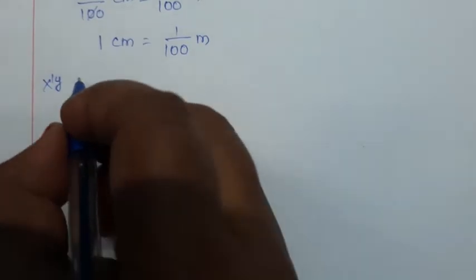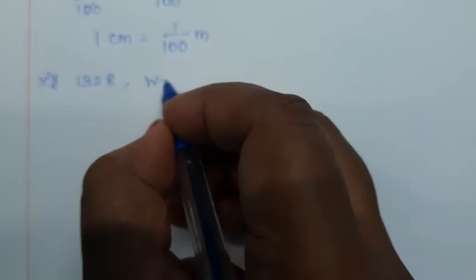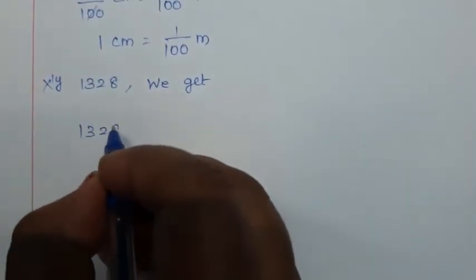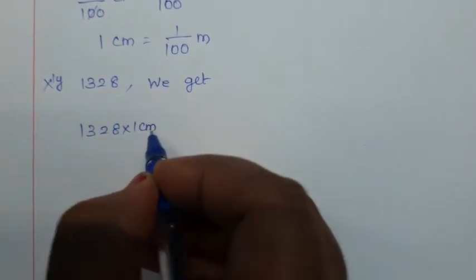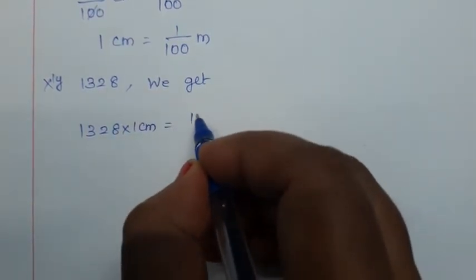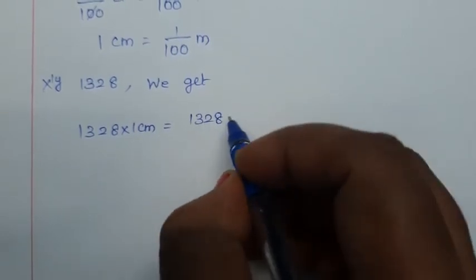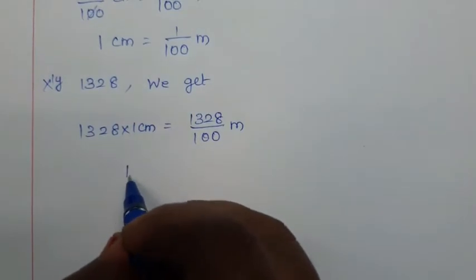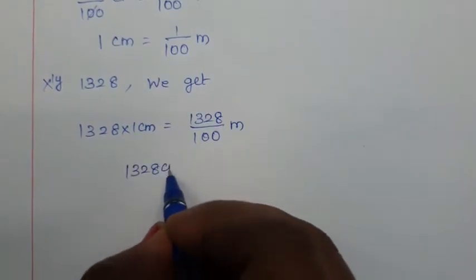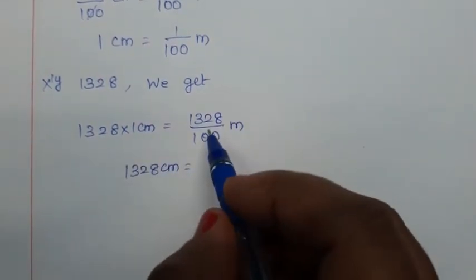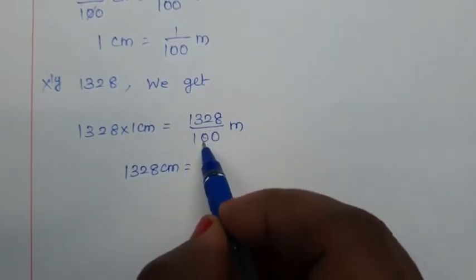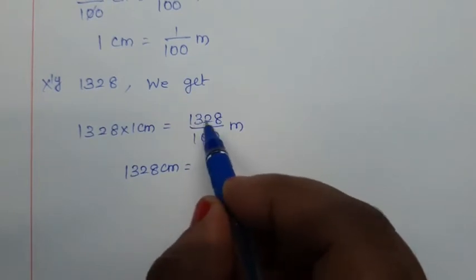Now by multiplying 1328 on both the sides, we get 1328 into 1 centimeter, which is equal to 1328 divided by 100 meter. 1328 centimeter is equal to, dividing 1328 by 100, we get 13.28.